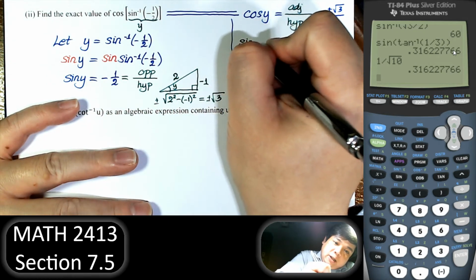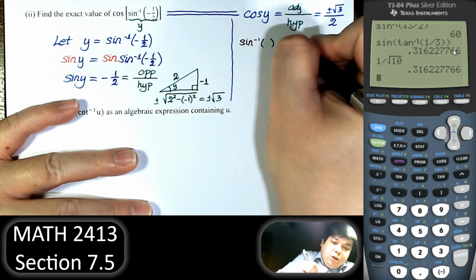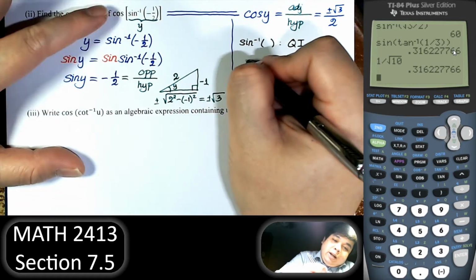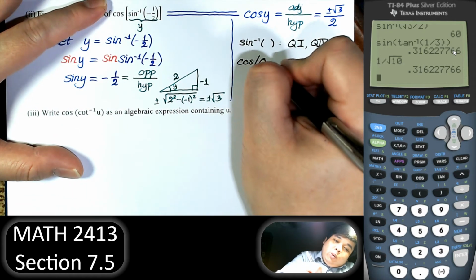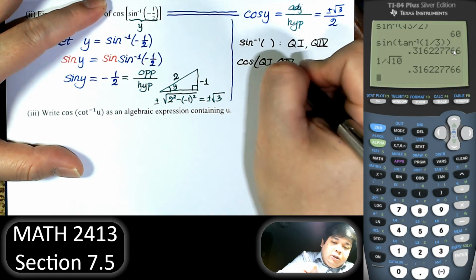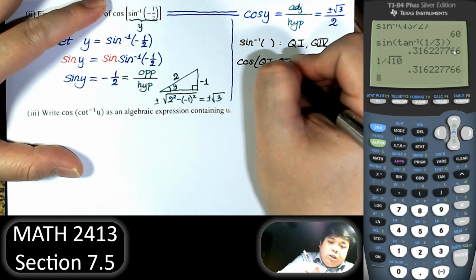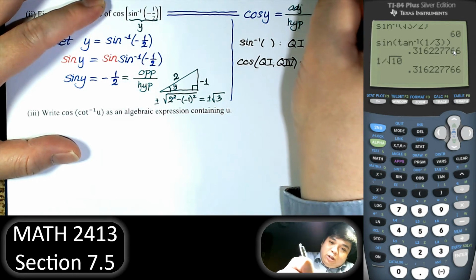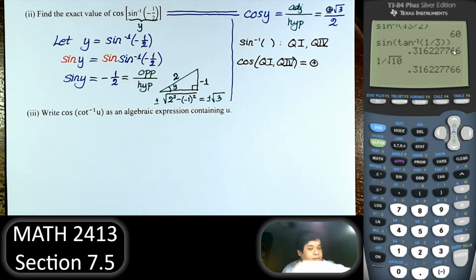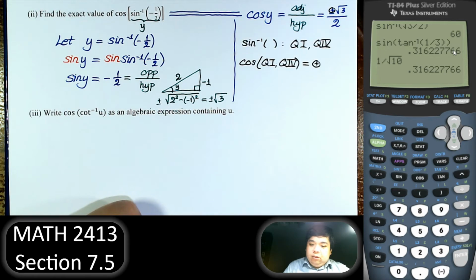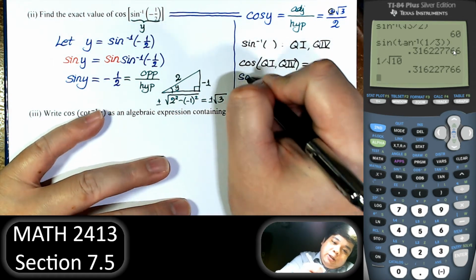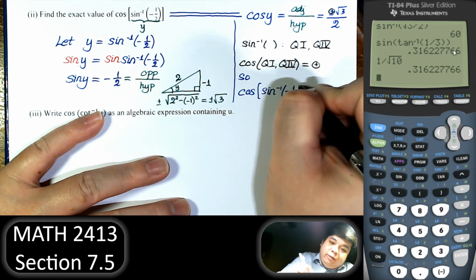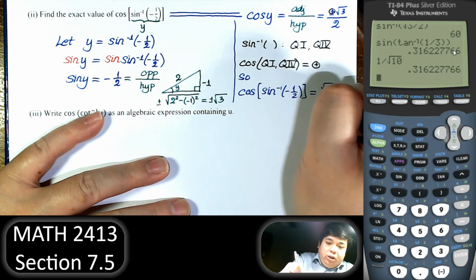Sine inverse of something is in quadrant 1 or quadrant 4, and cosine of quadrant 1 or quadrant 4 is positive. So cosine of sine inverse negative 1/2 is going to be positive square root 3 over 2.